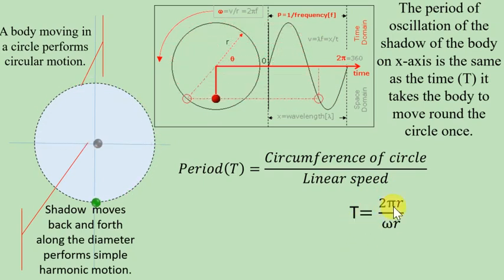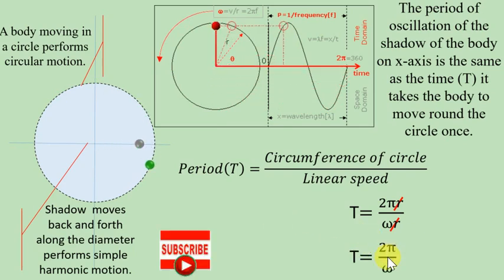So therefore, period is equal to 2 pi r over omega r. Cancelling the common factor gives us the period of oscillation equal to 2 pi over omega. That's the period of oscillation.